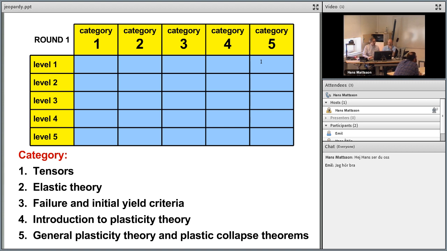Level 1, category 1, group number 2 has chosen, and then we should go to the question.